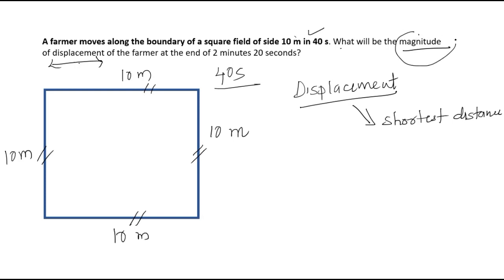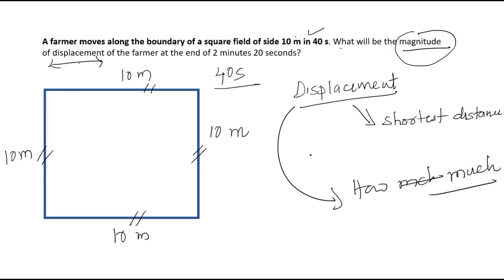Magnitude means how much of displacement. So in this question he is asking how much will be the displacement. When we say how much, it is actually a magnitude, right? So it is a way of asking what is the displacement of the farmer at the end of 2 minutes and 20 seconds.